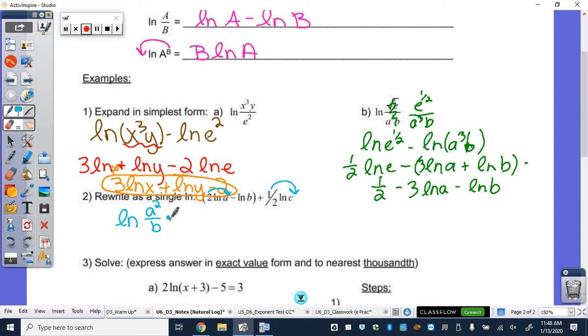So this is going to be times c to the 1/2. A lot of times you'll see them actually change it from c to the 1/2 back into the square root of c. Sometimes you'll see them actually put the square root of c in the numerator with the a squared. It's all the same thing.